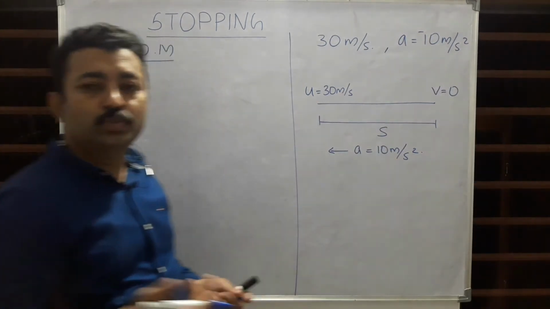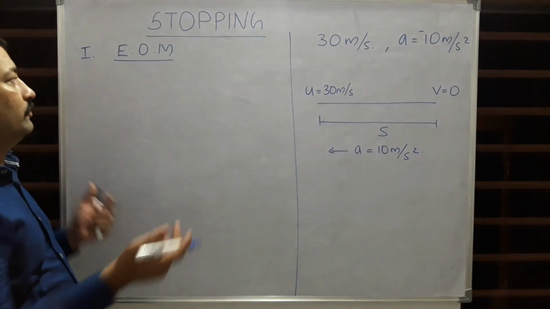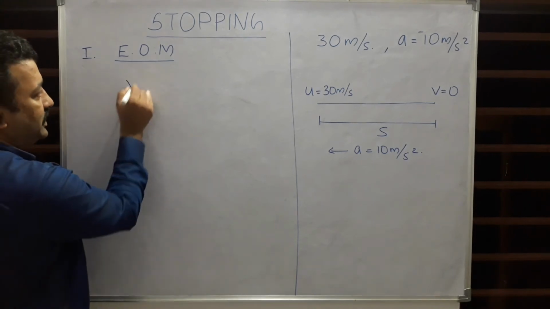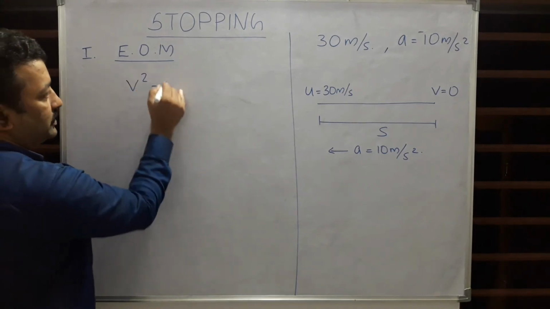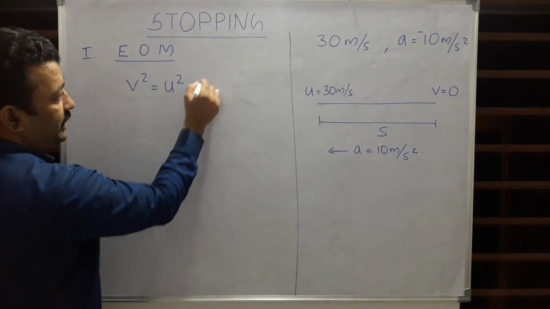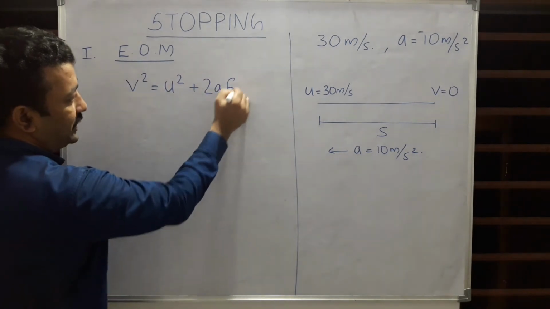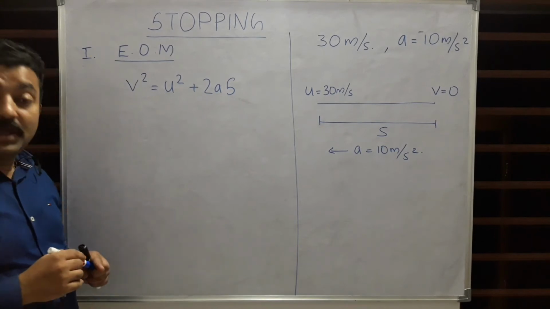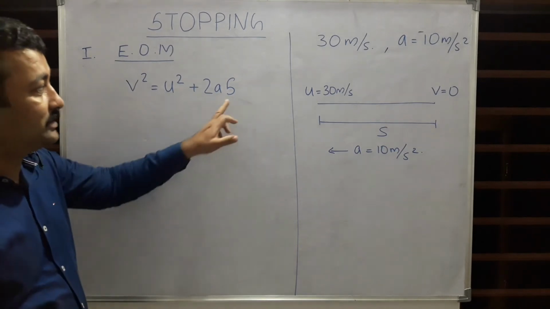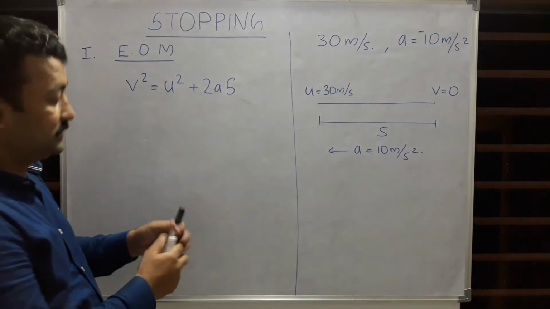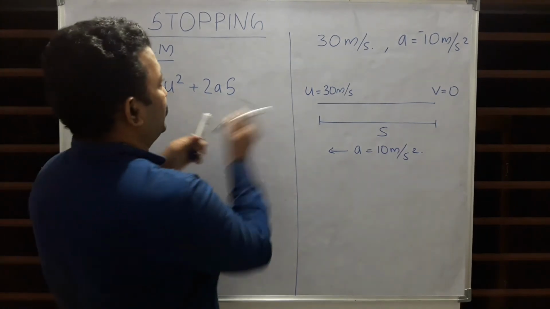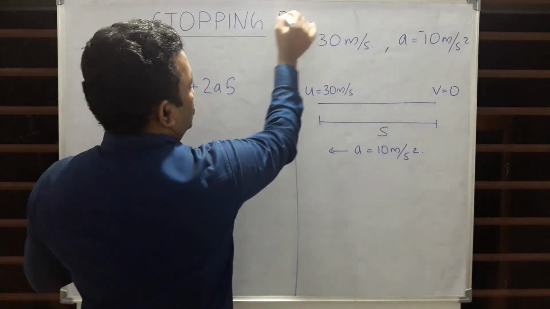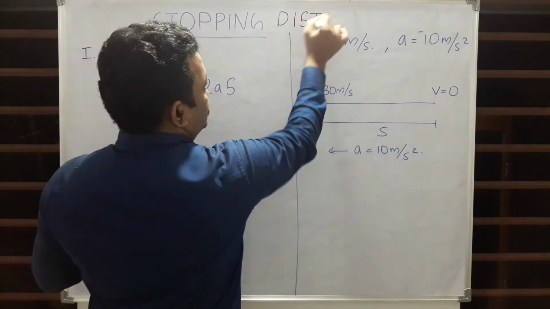V square equals U square plus 2AS will be convenient for you. We can instantly say that this will be the most suitable expression for us, because here all the parameters are known except S, and our aim is to get the stopping distance.